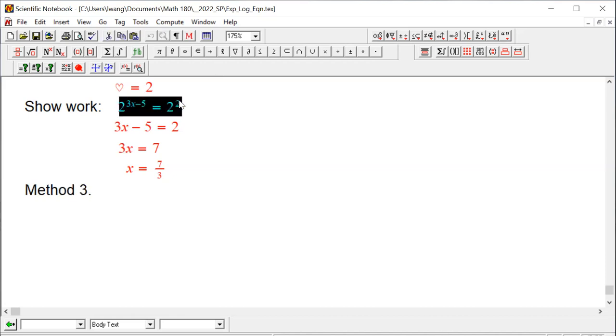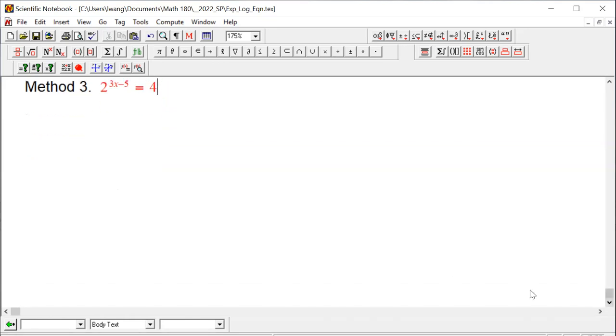Okay, the third method, I want to be consistent, method 3. For method 3, I'm going to use definition. How do we use definition? Right, in definition, you will also treat this as one piece. So I'm going to think out aloud.